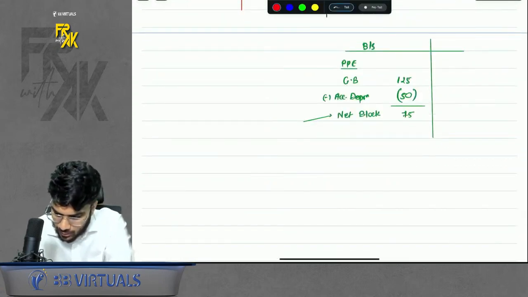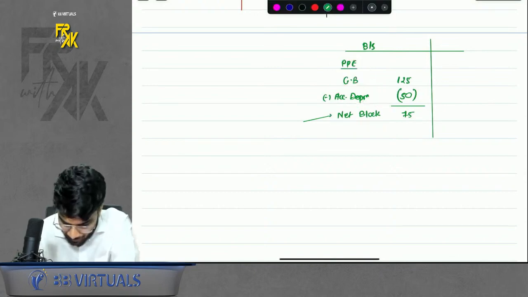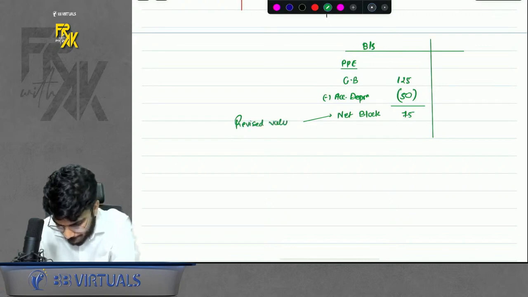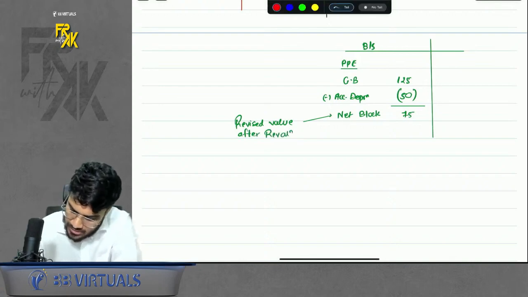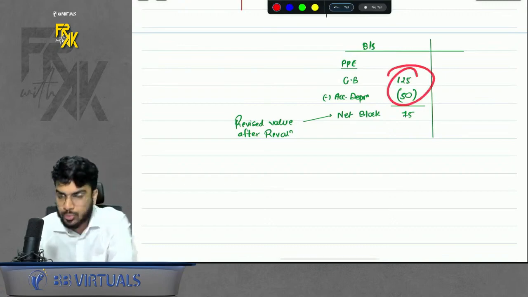So once you increase the gross block and depreciation, you will automatically get the revised value after revaluation.